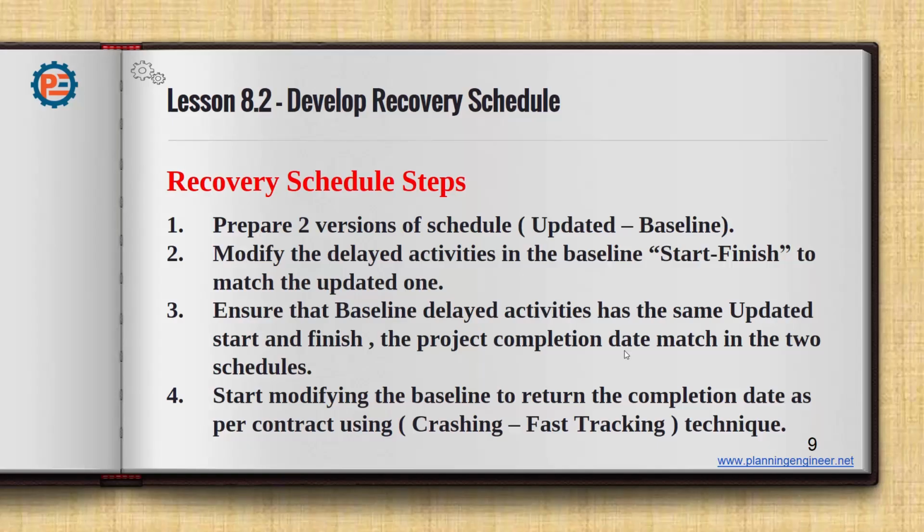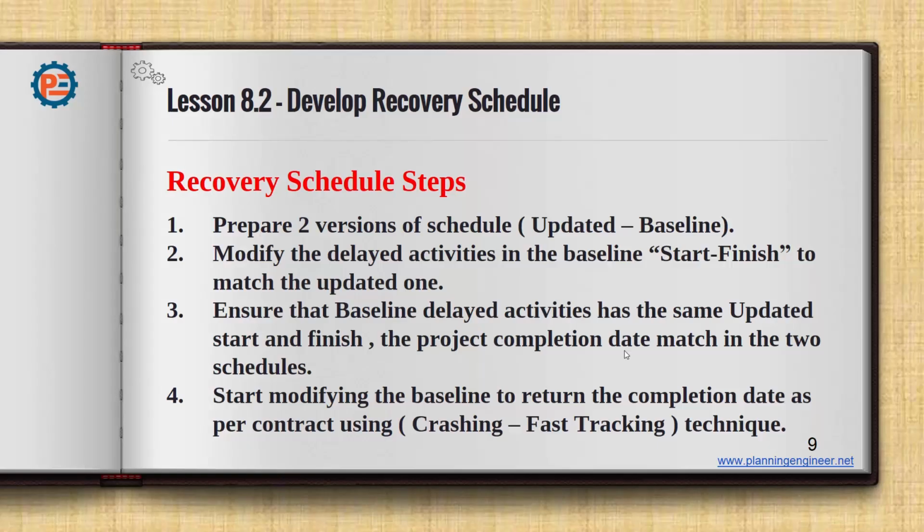So in other words, we need to have the updated schedule as a baseline without any actual data. Then, after we do this, we ensure that the baseline delayed activities have the same updated start and finish dates, and the project completion date matches the updated schedule. So the updated schedule and the baseline schedule are now the same.